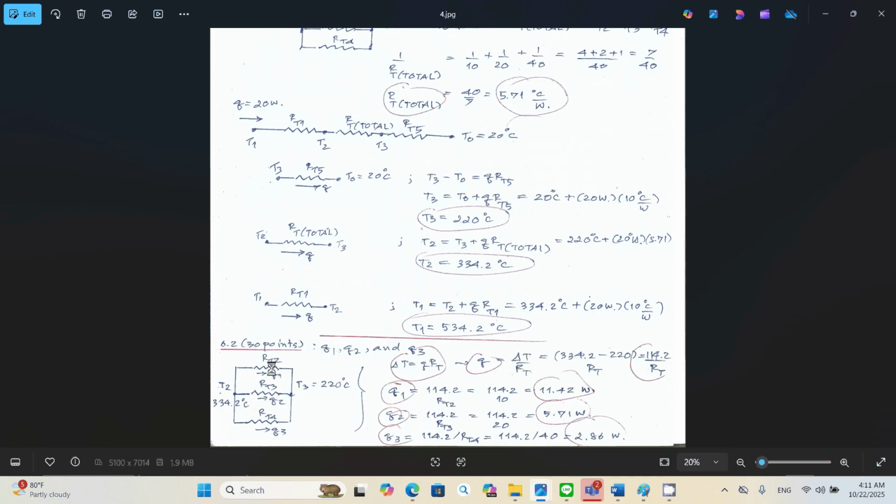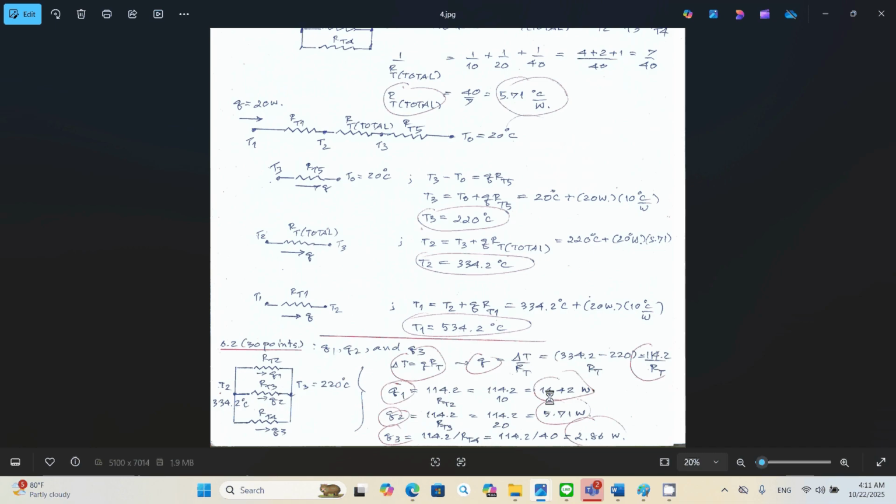Now for Q1, you have 114.2 divided by RT2. Sorry, I didn't put an underline here. RT2, that's given equal to 10 degrees Celsius per watt.